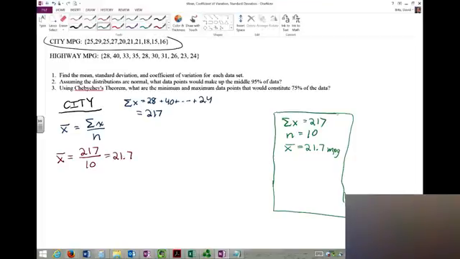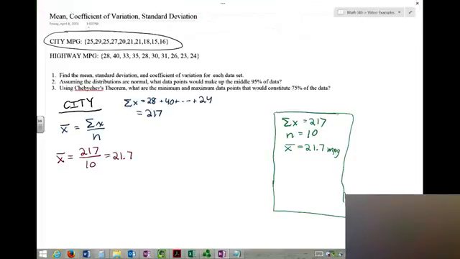For the standard deviation, we'll use the shortcut formula. Actually we'll find the variance first, because the standard deviation is simply the square root of the variance. So we have n times sigma x squared minus sigma x, the quantity squared, over n times n minus 1. We have to differentiate between sigma x squared and sigma x quantity squared.